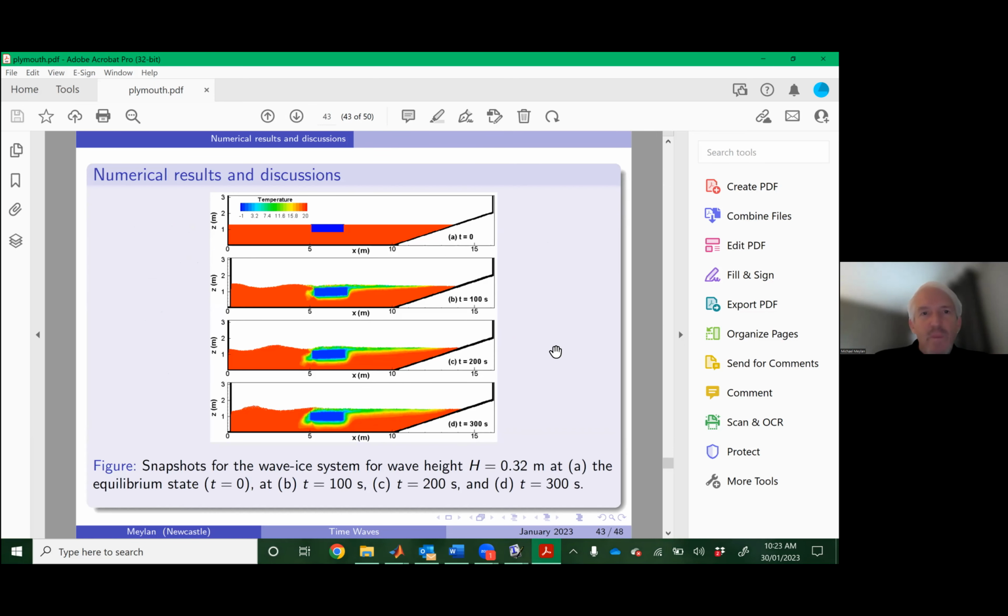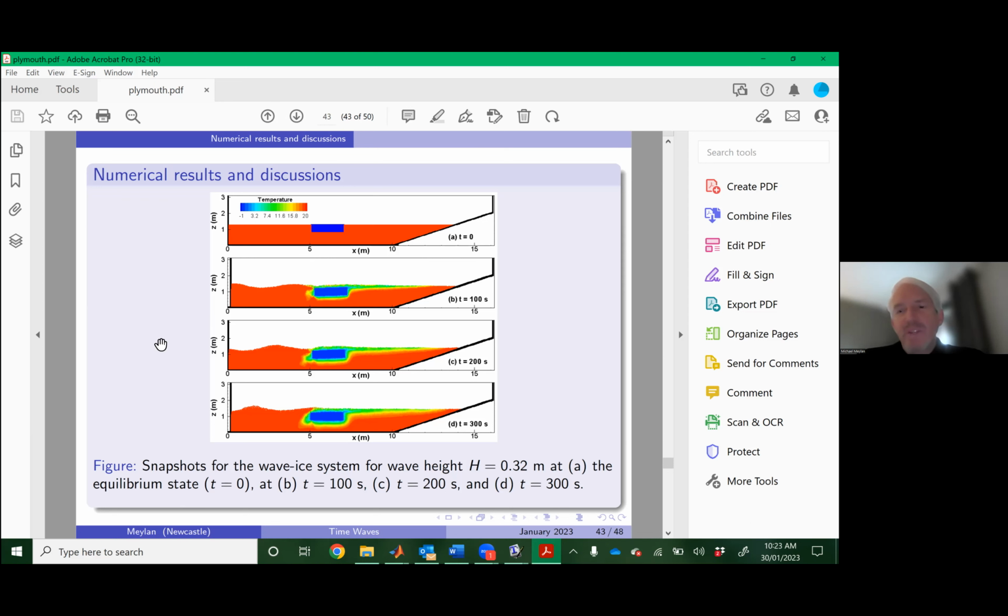So here's a little picture of the numerical results. This is a piece of ice. We want to see how it melts. So the ice is at -1 and the water is at 20. So this is pretty warm water. This is just a proof of concept, really, of what happens in 300 seconds. You start to get this, and the ice is able to flex. I'm not sure the flexion of the ice is super important.